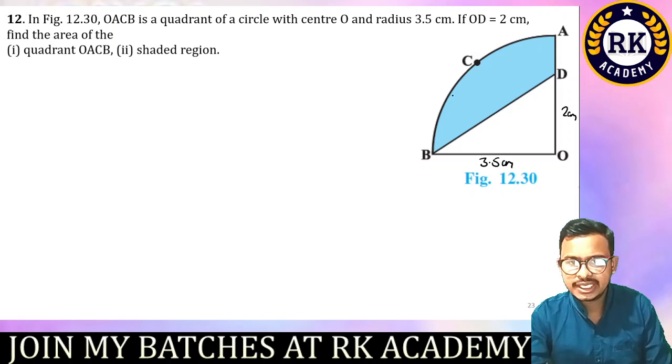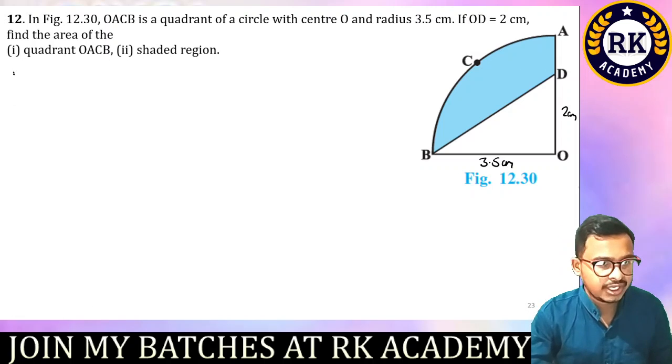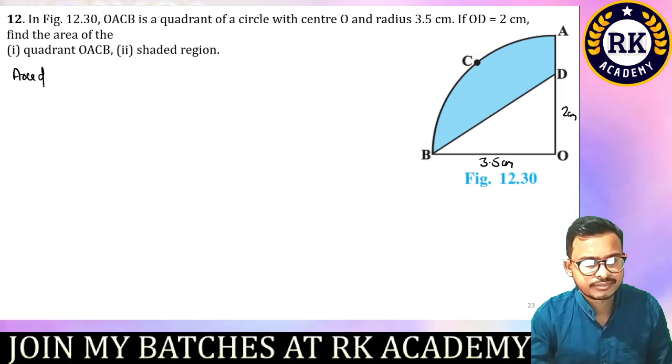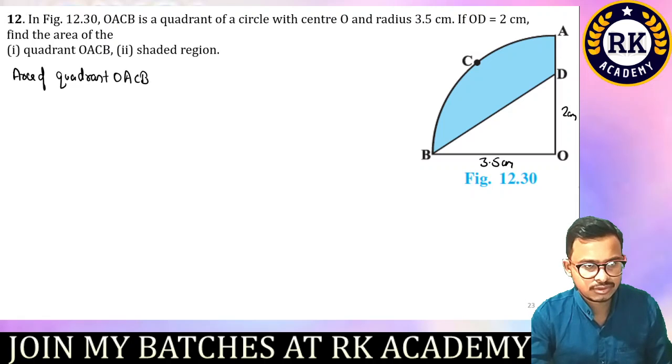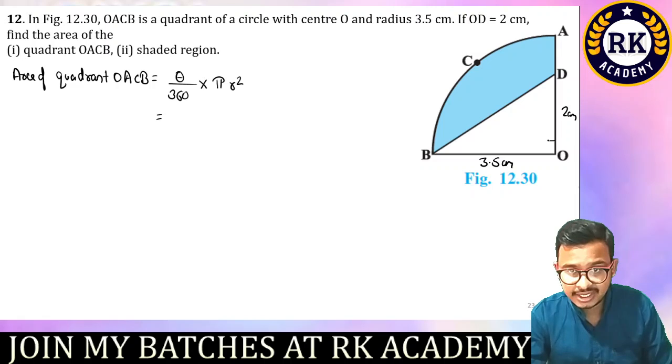So OACB is a quadrant. So the area of quadrant OACB will be theta upon 360 into pi r square. For a quadrant, what will be that angle? Quadrant hai, so it will be 90 degrees.